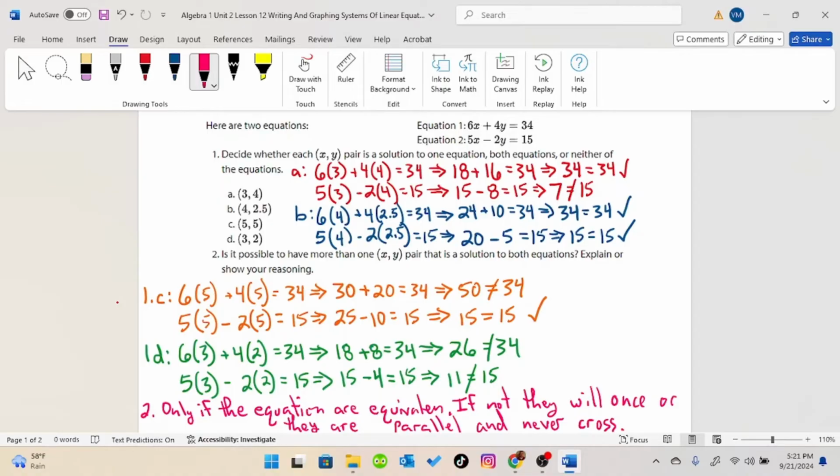Either the lines are parallel, they will never cross, and there is no solution to the system of linear equations, or we just have two random lines and they will cross each other one time and have one solution.